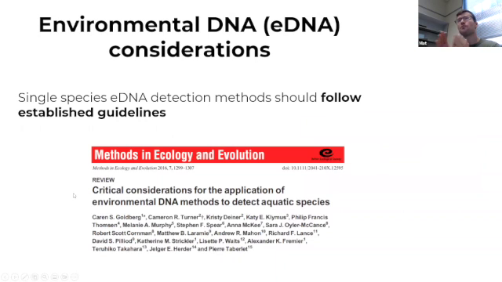For single species, it's less complicated, but there is still a set of guidelines that need to be followed. This is a really nice one by Goldberg et al. There are a couple of more recent ones as well, but there are much more established protocols for setting up single species eDNA primers.